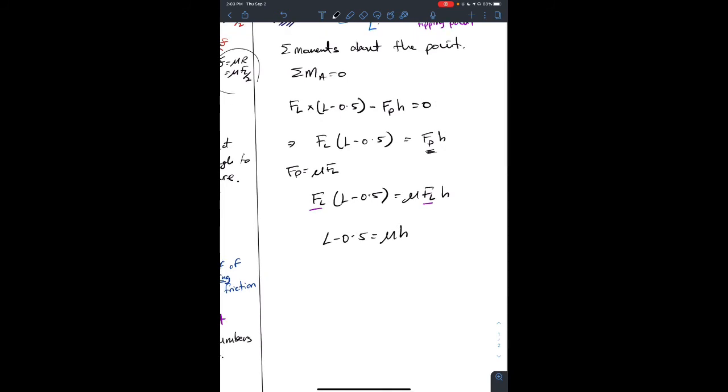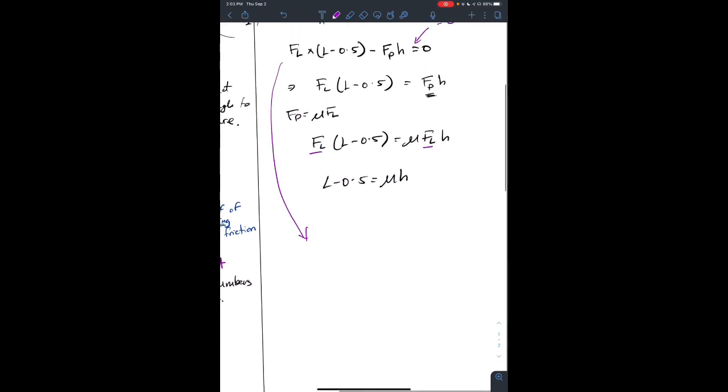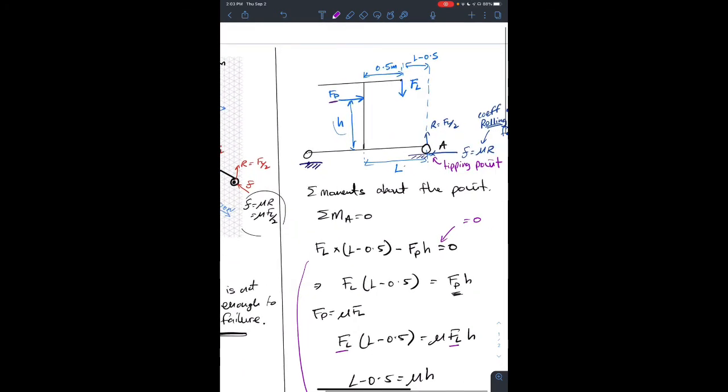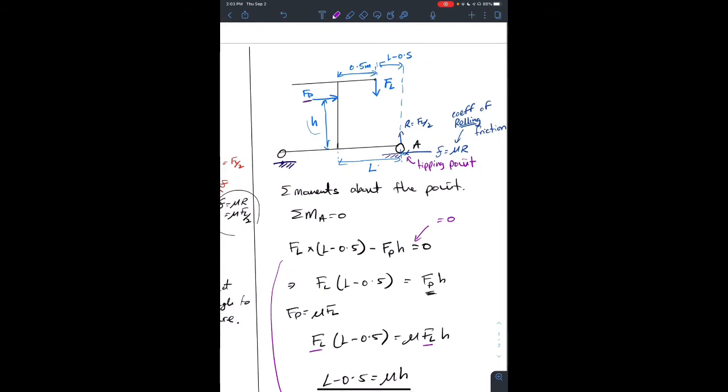Let's go back here now and look at something. I had said equal to 0, but if we were to rewrite this, in order for it to remain stable: Fp is the hand force that will cause it to rotate in this direction, tipping. The stabilizing moment comes from this force, FL, which tries to make everything go in this direction.